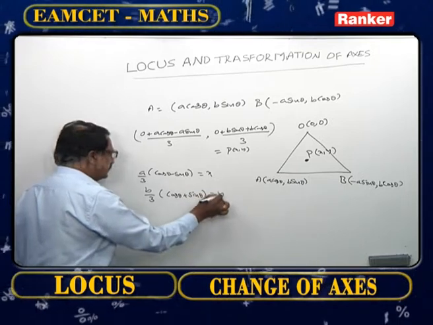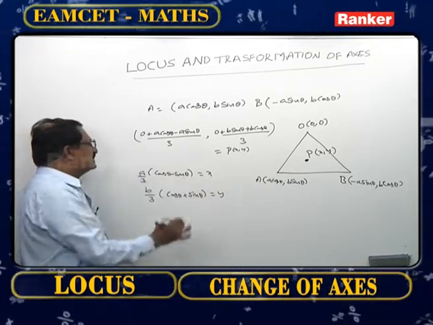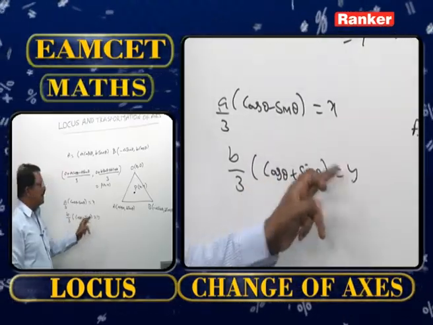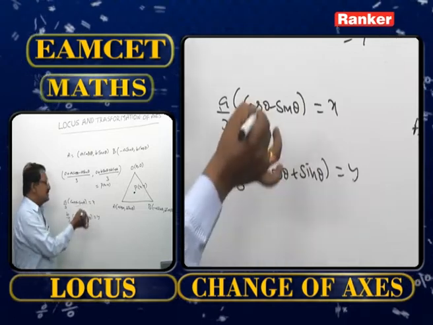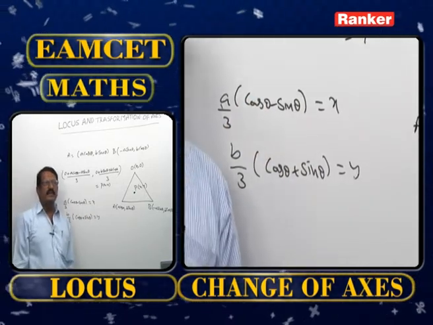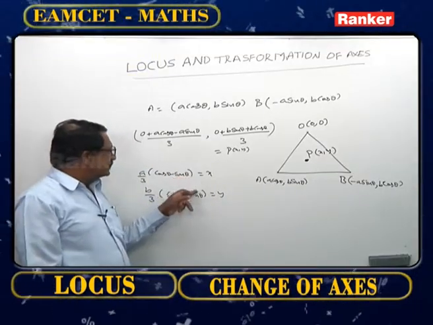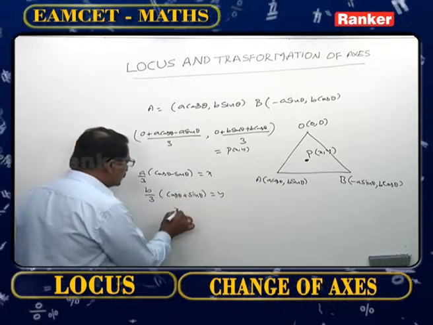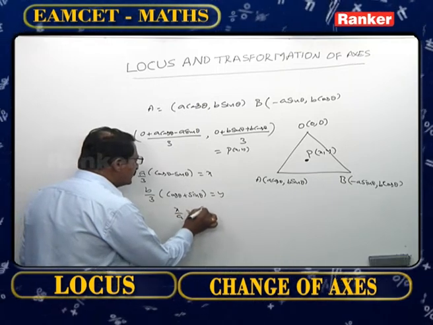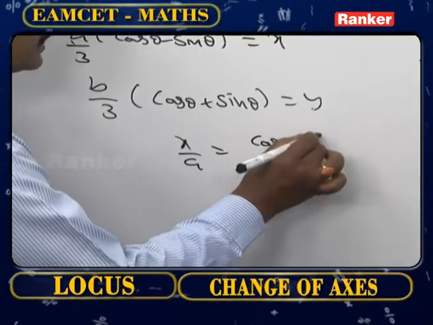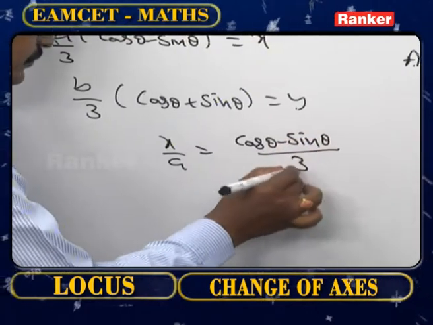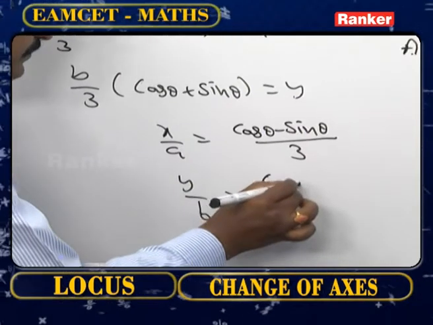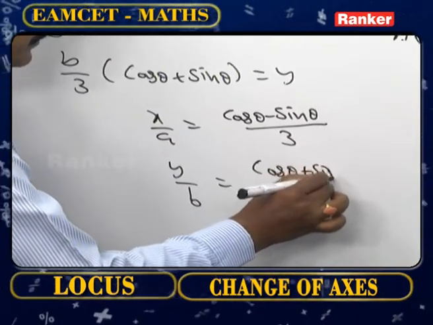A by 3 into (cos theta minus sin theta) equals x. B by 3 into (cos theta plus sin theta) equals y. From these two equations, eliminating theta, we get the required locus of the point. Now, x by a equals (cos theta minus sin theta) by 3, y by b equals (cos theta plus sin theta) by 3.